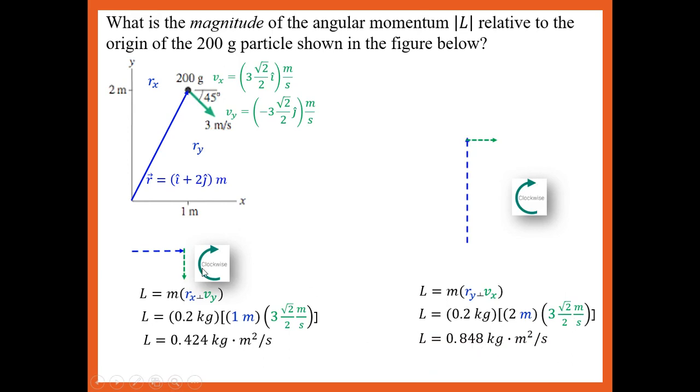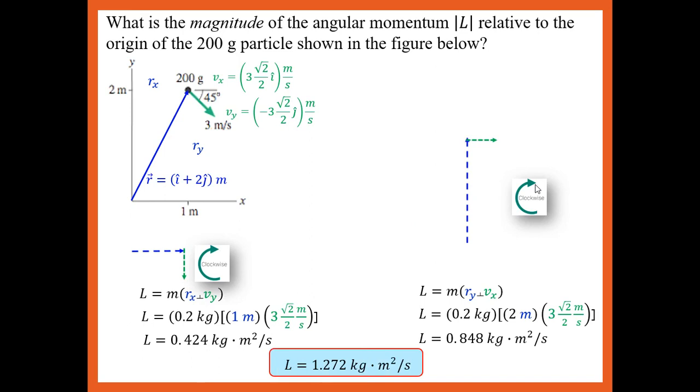However, both of these will cause the system to rotate clockwise. So we would simply add up the two magnitudes. The two magnitudes in this case would be 0.424 and 0.848, both are clockwise, and therefore we would just sum it up. So the magnitude of the angular momentum for this one would simply be 1.272, with a little rounding difference.